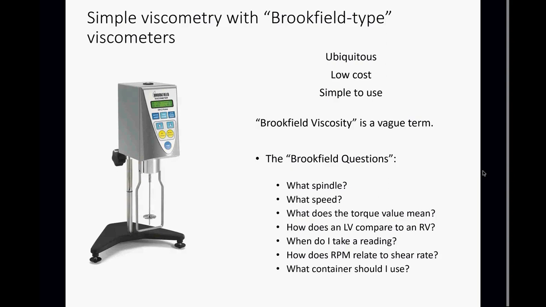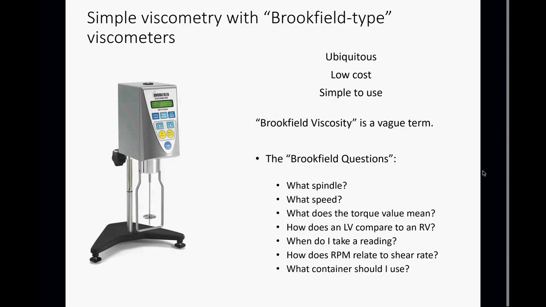Now, most people's experience of viscosity really starts with the simple Brookfield type viscometer, and these are workhorses of laboratories all over the world. They're simple to use, they're low cost. And you basically dip the spindle in your sample, press a button, and get a number from there. But the apparent simplicity of these belies a lot of opportunities for potential confusion.